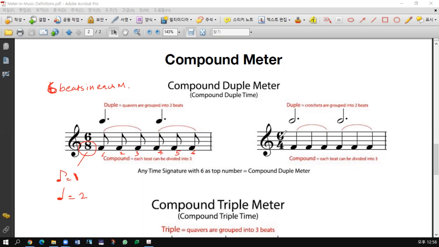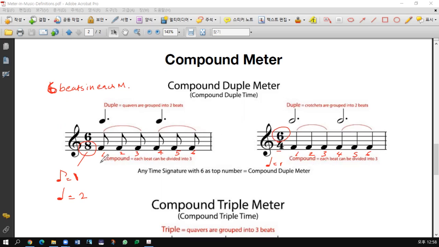Look at the other example, 6/4, that means 6 beats in each measure, but here the quarter note gets 1 beat, okay? So here we have 6 quarters, 1, 2, 3, 4, 5, 6. 6 beats in each measure. So this one is 6/4, and this one is 6/8.